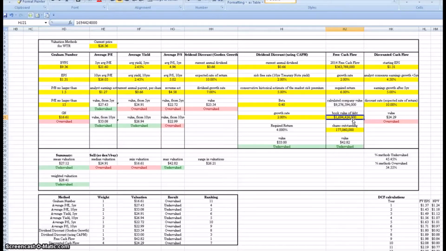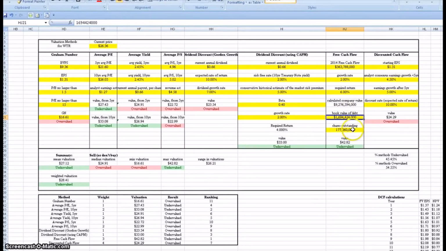I forget. I think they called it the fair value of their debt, which was higher than just the sum of their debt. So I wanted to be conservative and take the larger value of their debt. But anyways, you want some measure of debt.